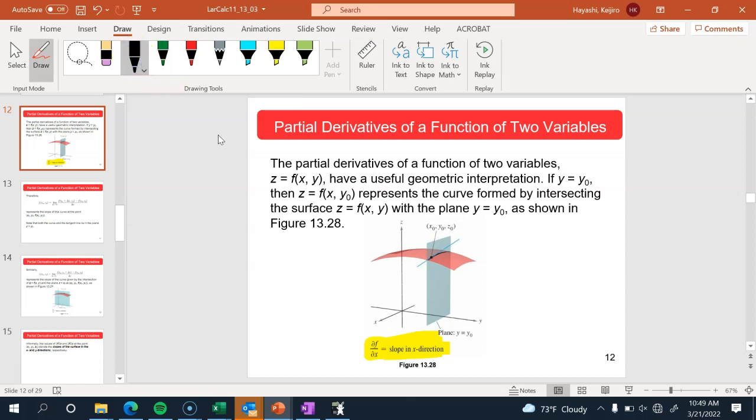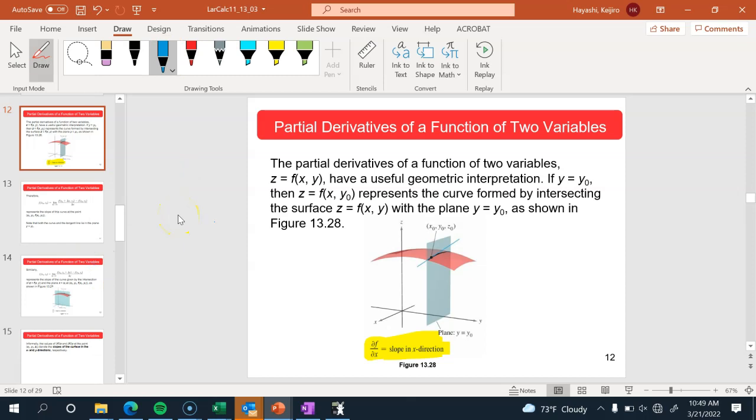So if the surface here is in red, you don't have to pay too much attention to the blue plane here, but the plane is just saying y is constant. It's not going to move in the y direction at all. It's only moving in the x direction.